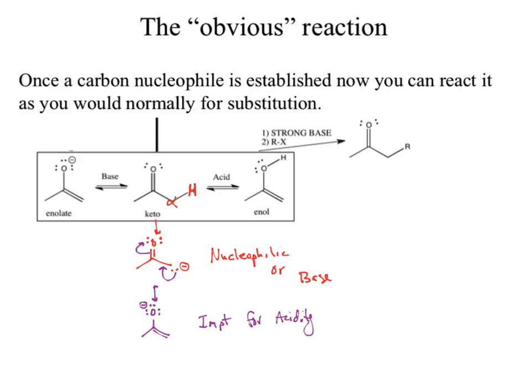Is it typically good to look at it acting as a base? Probably not. It may be something that's important through intermediates. So we need to think about it if we're concerned about our intermediates. But as far as reactivity goes, we don't want it acting as a base because that undoes the chemistry we just did. The standard reaction, once we've got our nucleophile, react it with our alkyl halide.